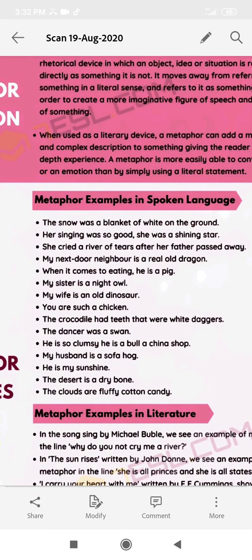He is my sunshine. ભલે સોફા હોગ છે બટ હી ઇઝ માય સનશાઇન. મારા હસબન્ડ ભલે સોફા હોગ છે પણ એ મારા શું છે? સનશાઇન. ઇટ ઇઝ ફોર એક્ઝામ્પલ. ઓકે, સો comparison between he and sunshine is given but without the help of word as or like.